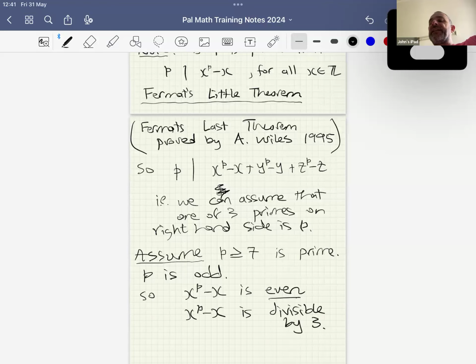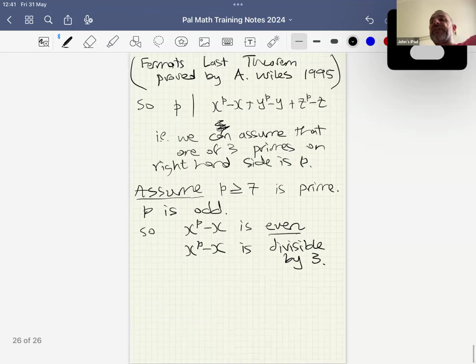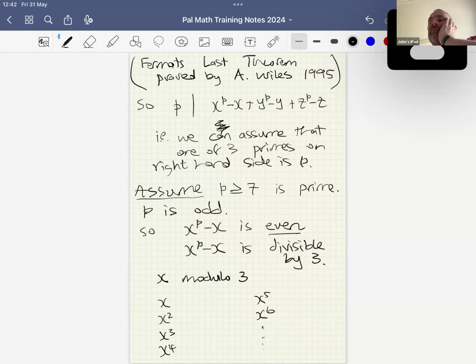And just to see this, if we look at values of x modulo 3, and we look at the powers of x, so if I have x squared, x cubed, x to the 4, x to the 5, I'm just establishing a pattern here. The possible values of x will be 0, 1, and 2 mod 3. Then x squared mod 3 will be 0, 1, 1.